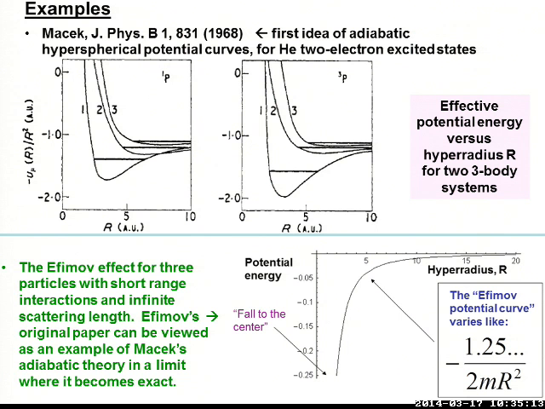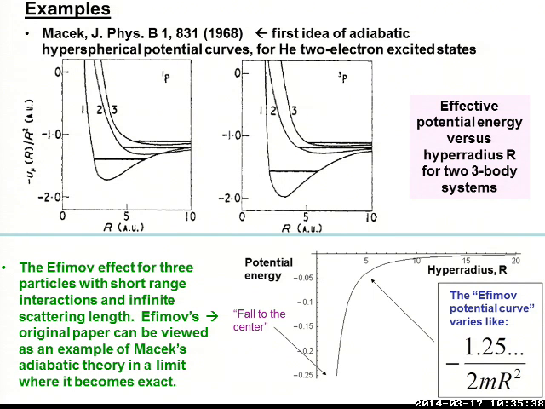Another important example that you can view as closely connected with Macek's method is Efimov's original study, which predicted basically a 1/r² attractive potential curve as a function of the hyperradius when you have infinite scattering length in a 3-body system with short-range interactions.